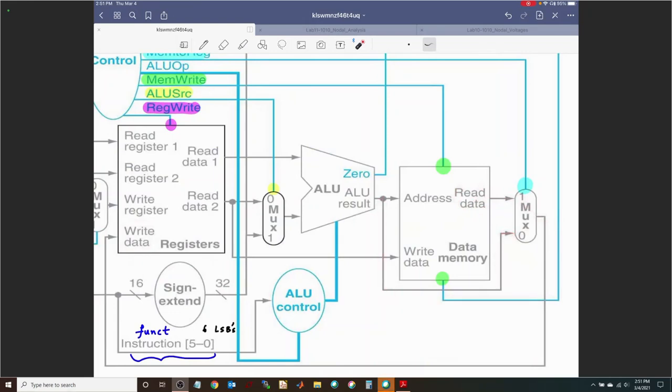So can you guys think of two instructions in which, while executing them, you would be asserting or not asserting memory to register? Can you guys think of an instruction where you would need load? Okay, so load word, you would need it, right? For example, with load word, you are trying to move the data to a register. So load word would be an appropriate example there. How about ALU result? The output of the ALU result needs to go into the register file.